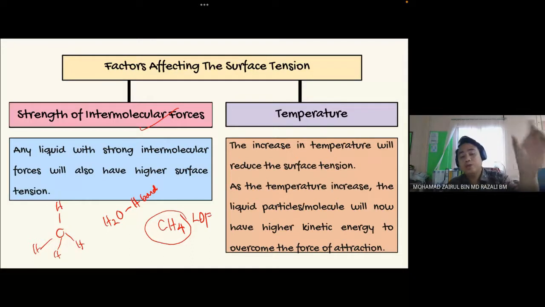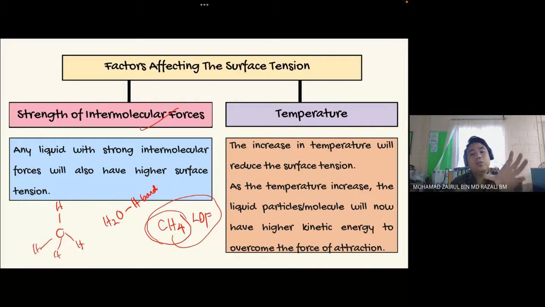So between hydrogen bond and London dispersion forces, much weaker intermolecular forces compared to the hydrogen bond. So in term of surface tension, kita akan expect methane ni akan ada low ataupun weaker surface tension compared to water. Sebab apa? Sebab intermolecular forces dia lagi kurang.